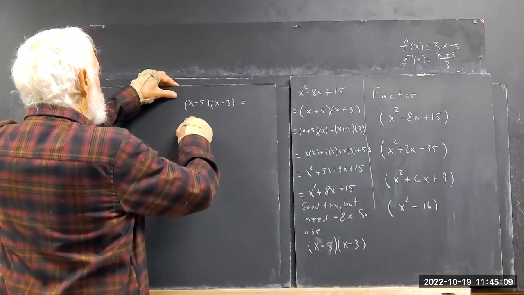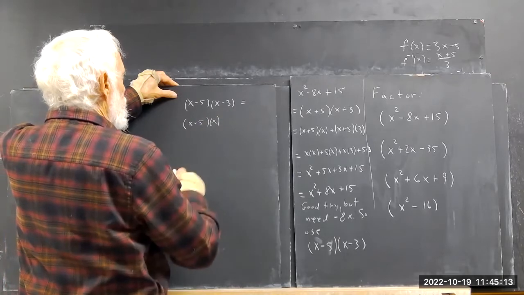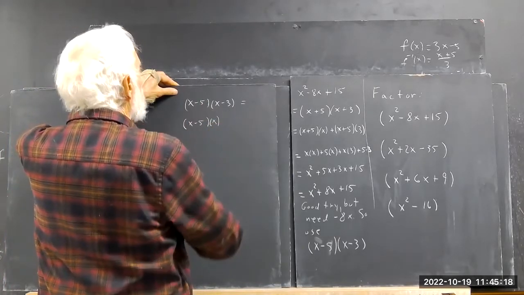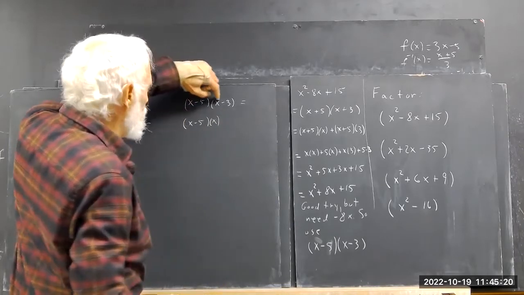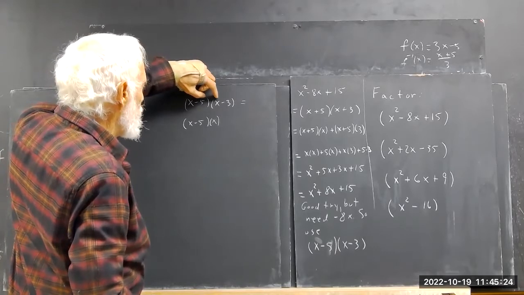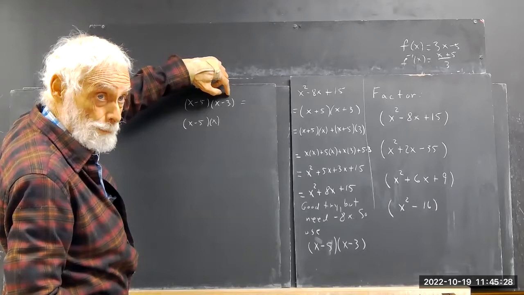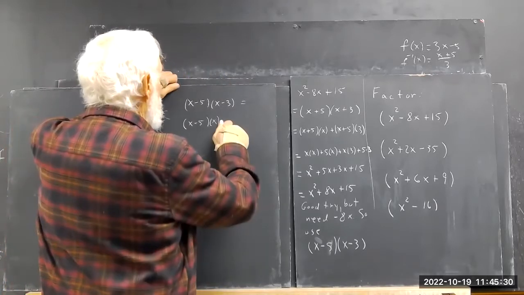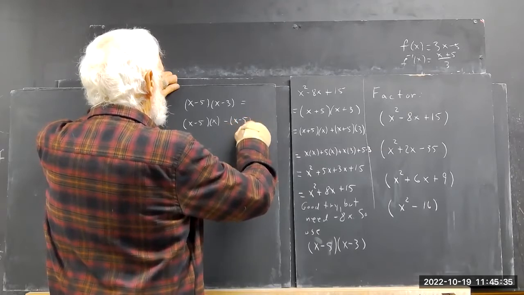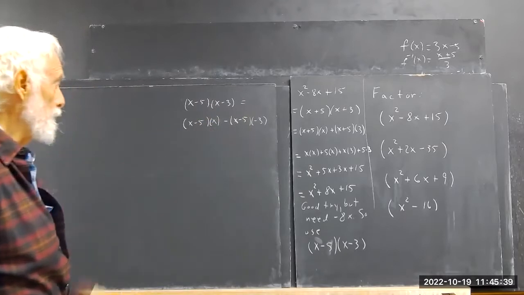That equals x minus 5 times x, and then it'll be minus, plus. x minus 5 times x minus 3 can be seen as x minus 5 times x, minus x minus 5 times 3. So we could do minus x minus 5 times negative 3. I said 3 a minute ago. It's times negative 3.